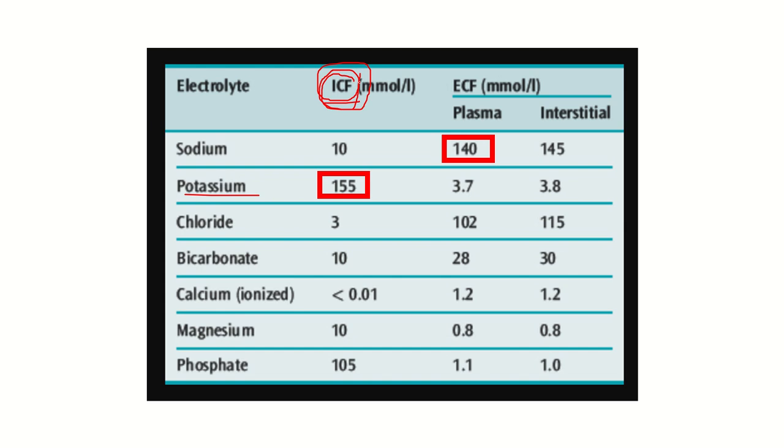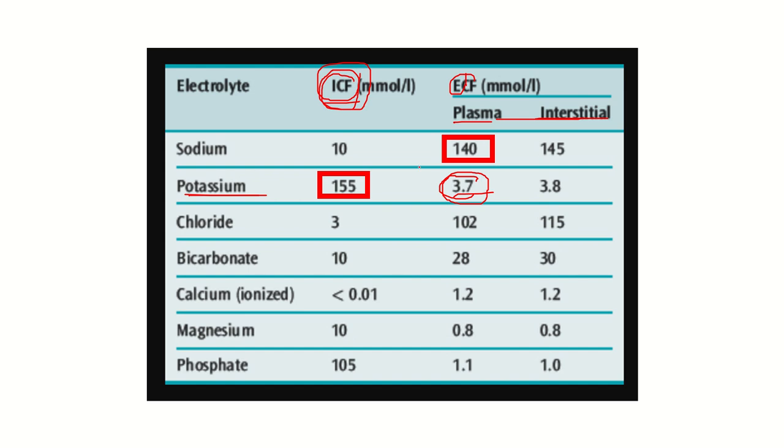That means it is present in the intracellular fluid. But in the extracellular fluid, that means in the plasma and interstitium, the potassium level is very low. It is 3.7 millimole per liter.